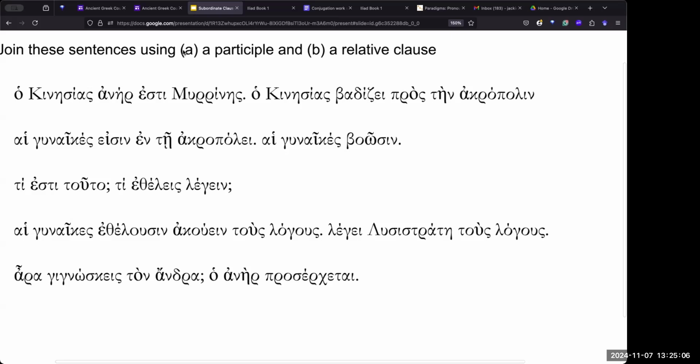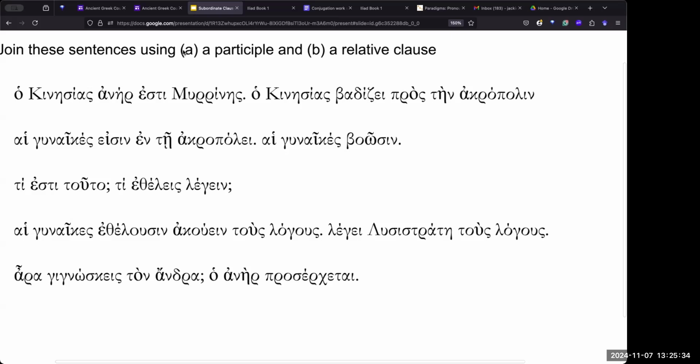So that would still be ho aner, but the man who's coming is someone she knows, right? She knows him. So the man whom she knows is coming, right? So then you would have to say ho aner proserketai, and then hon, and then whoever she is, gignoskei, right?